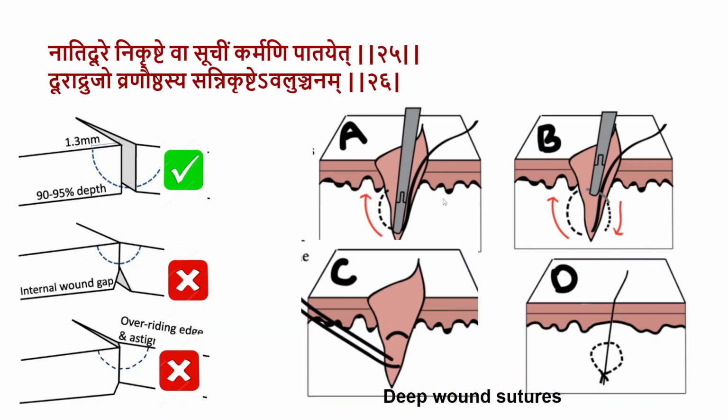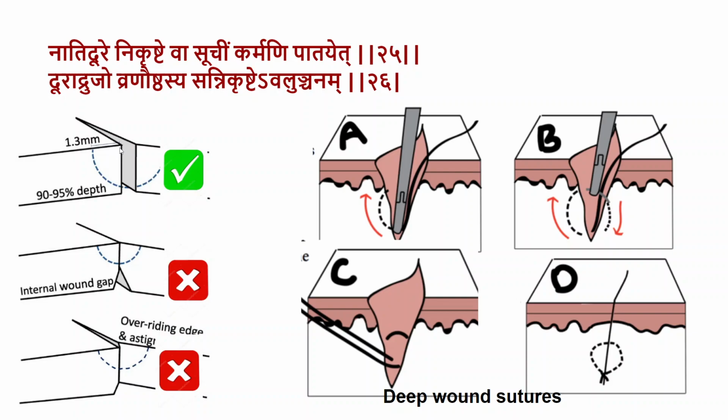Now, to achieve this, you will have to consider the depth of the wound and the access to the wound area, the surface area as such. The general rule is that the thread should cover 90 to 95% of the depth, and it should not be more than 2 centimeters. If it is more than 2 centimeters, then the amount of tissue compressed between the two edges would be more.